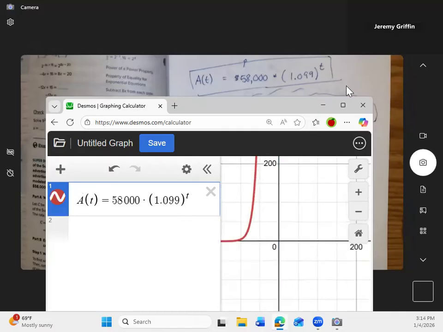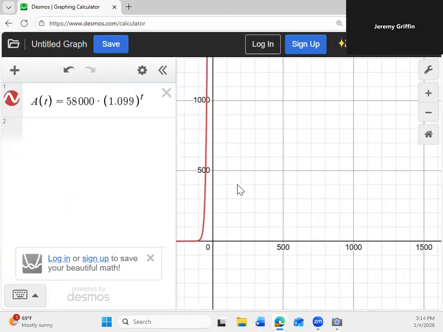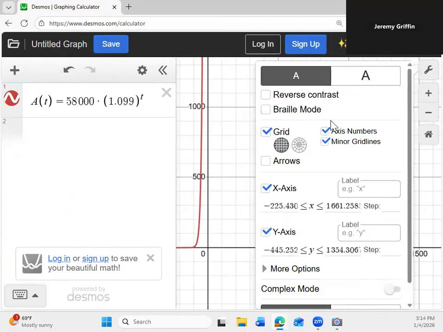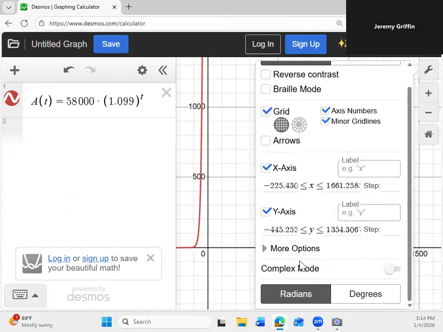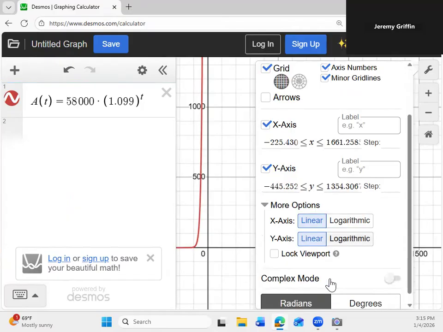What I really need to do is truncate this y-axis, so it starts at 58,000. So I can go to this wrench, go to my y-axis. Let's see. Oh, here we go, step. Let's go 100,000 at a time.